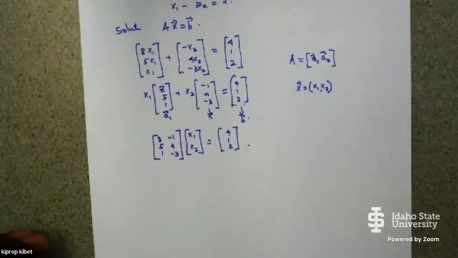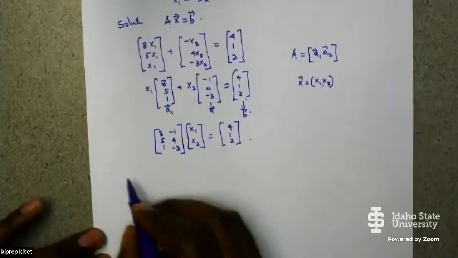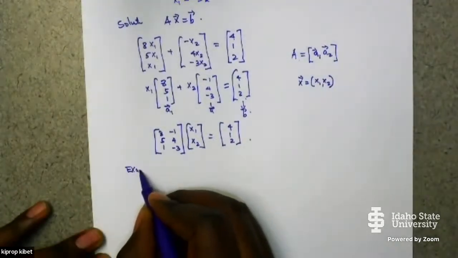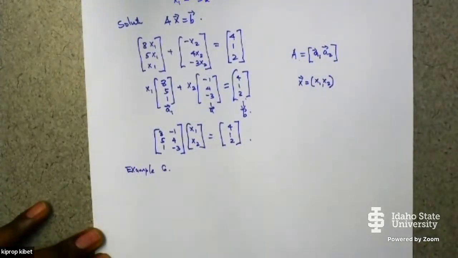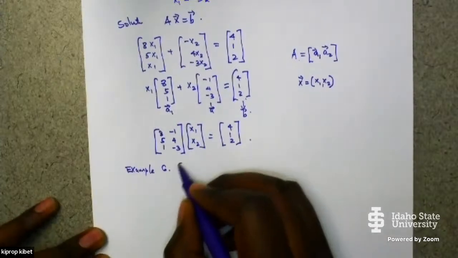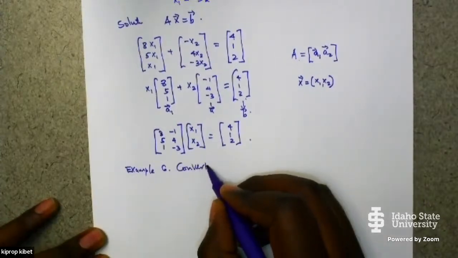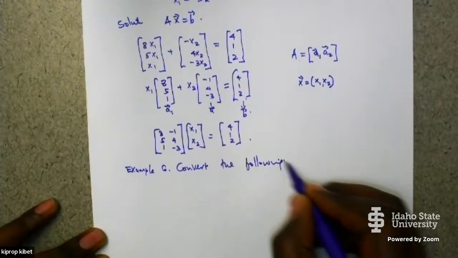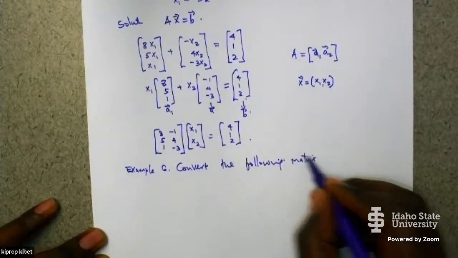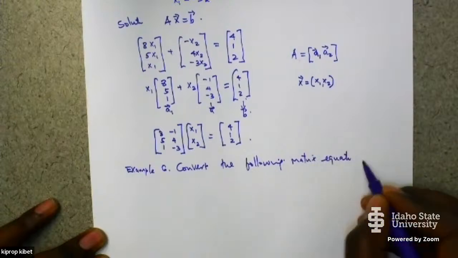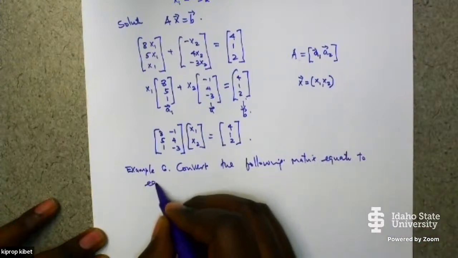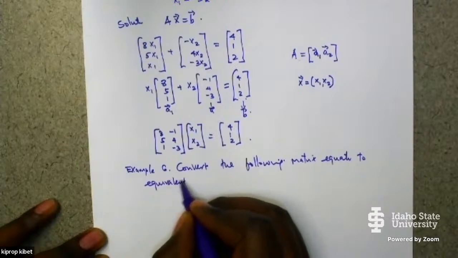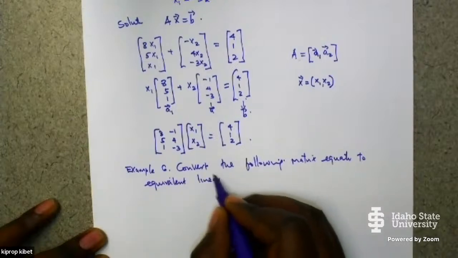Okay, now let's look at example number 6. Convert the following matrix equation to an equivalent linear system.